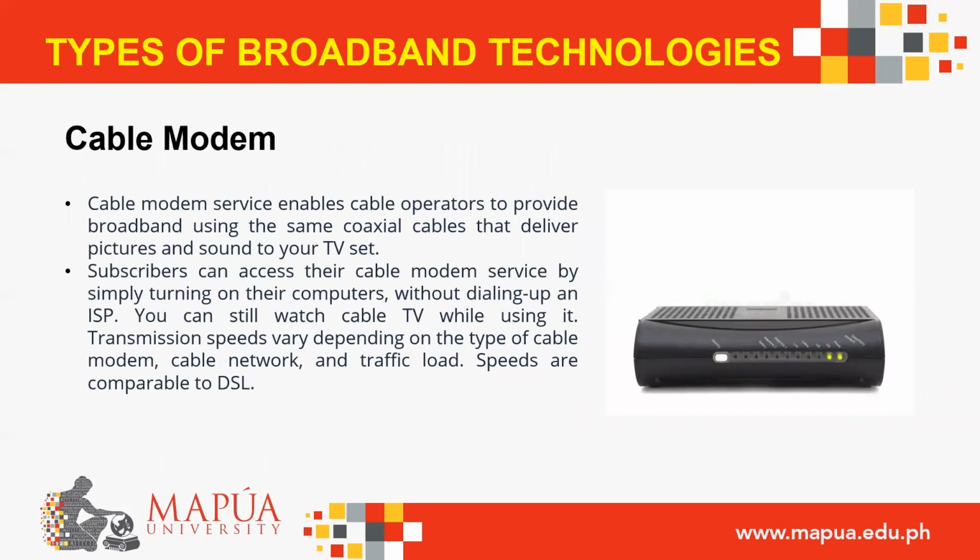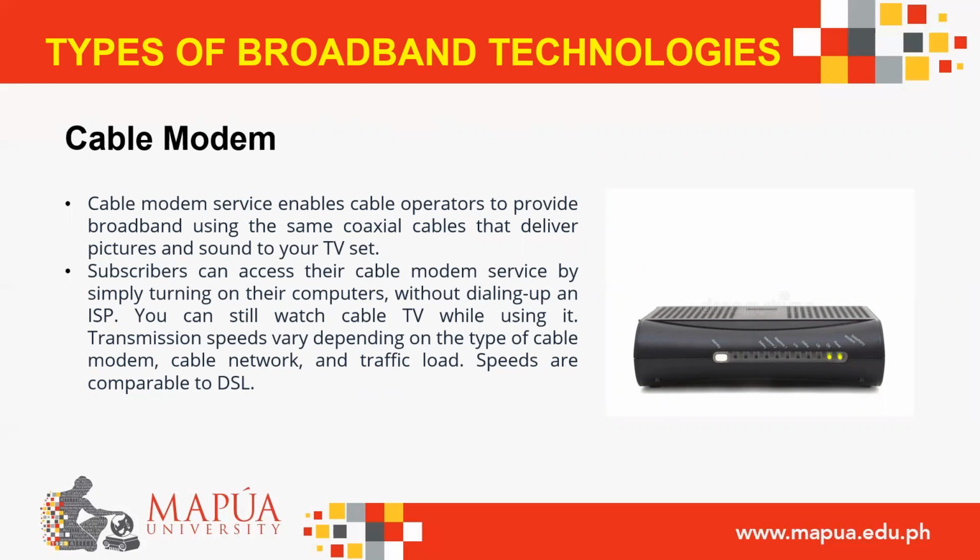Now let's move on to the types of broadband technologies. The first one is cable modem. Cable modem services enable cable operators to provide broadband using the same coaxial cables that deliver pictures and sound to your TV set.